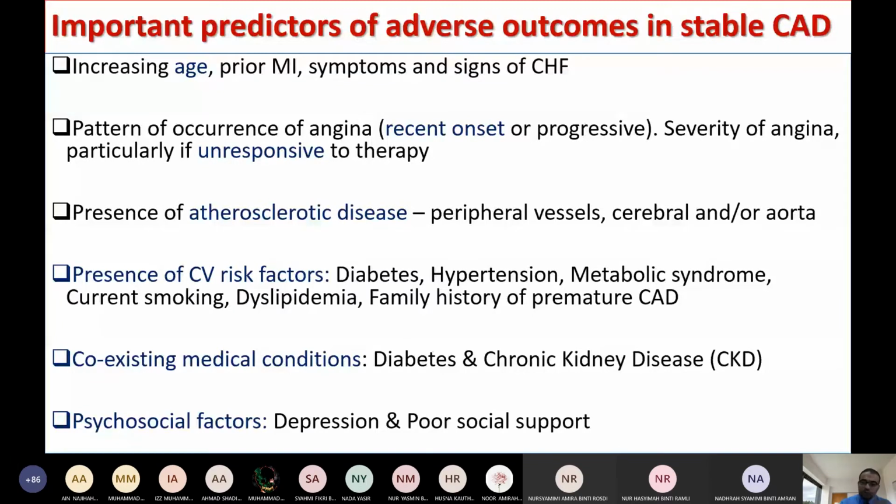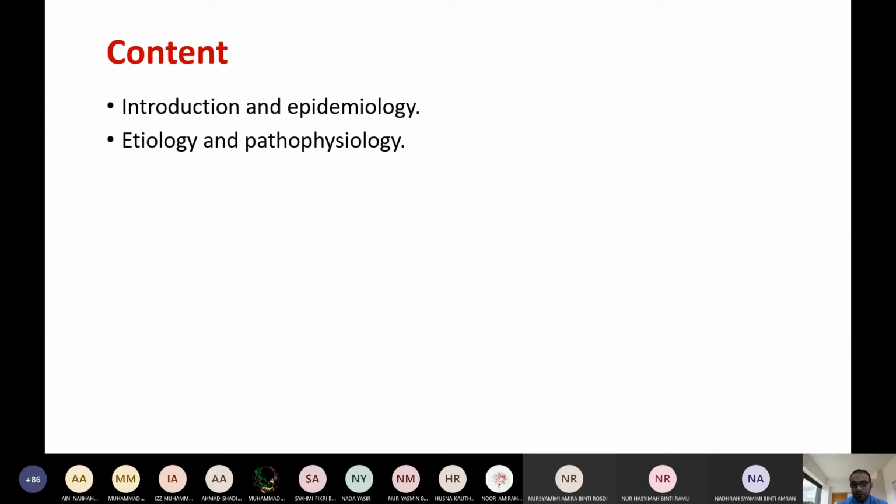So here is what makes the prognosis poor and increases the risk of adverse outcomes. Okay, so now we have finished the introduction and epidemiology.